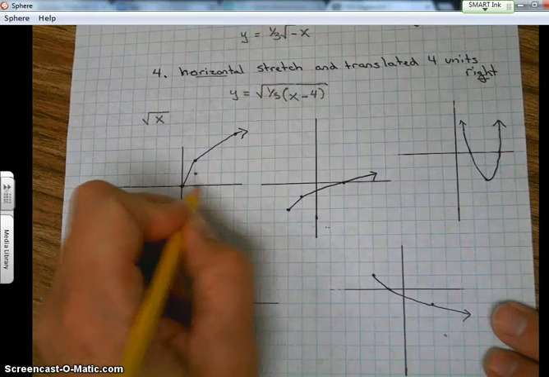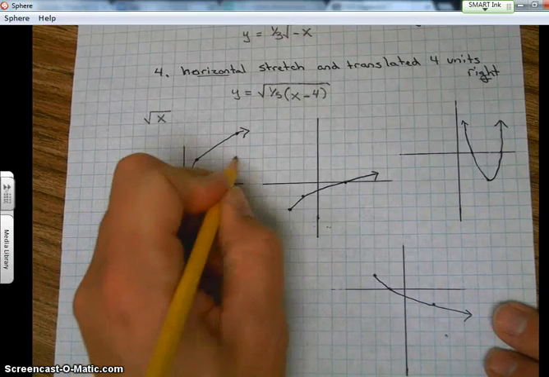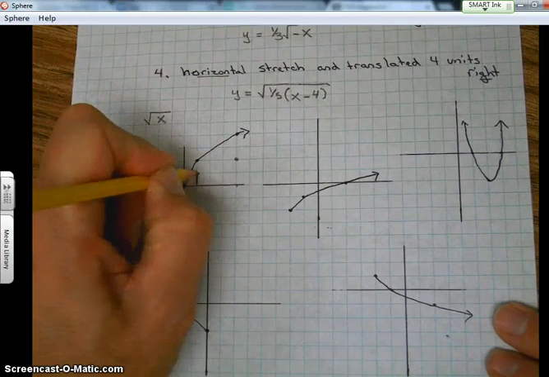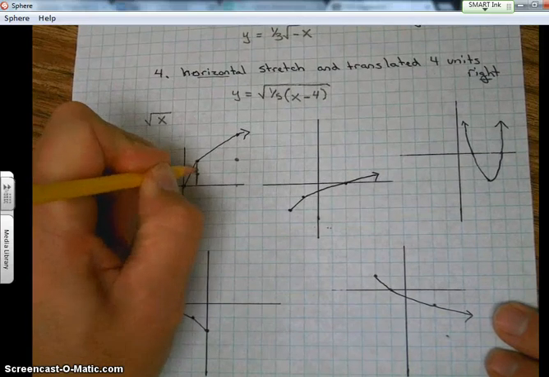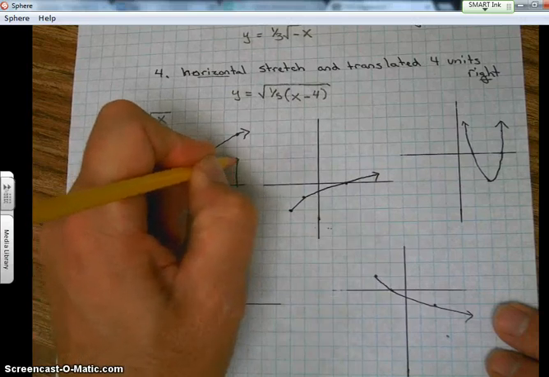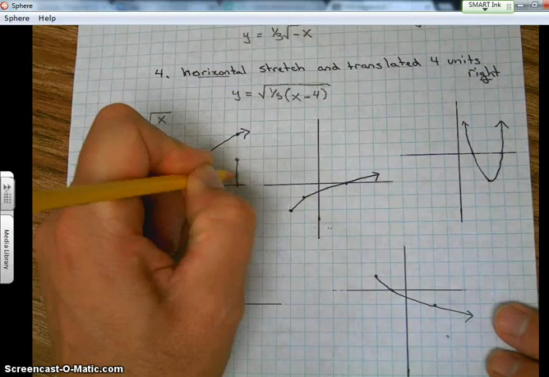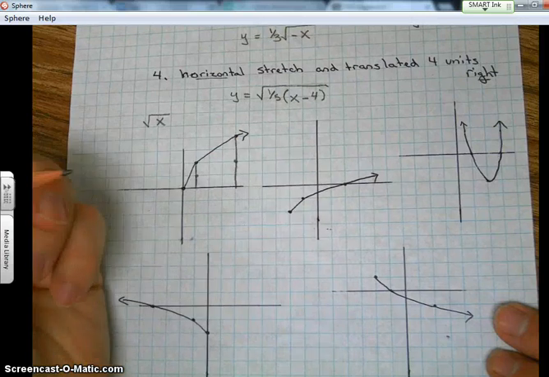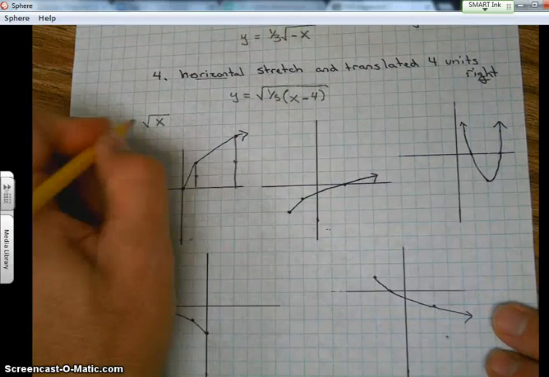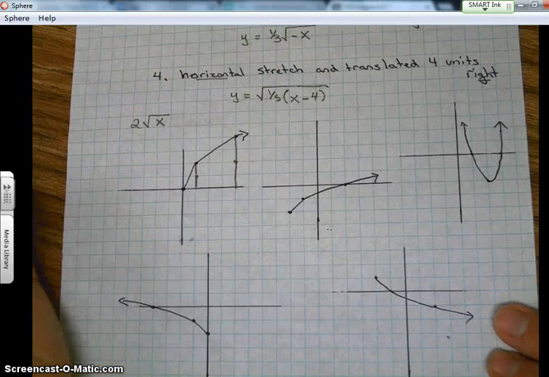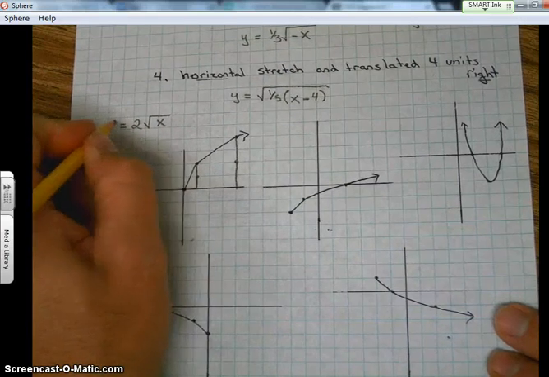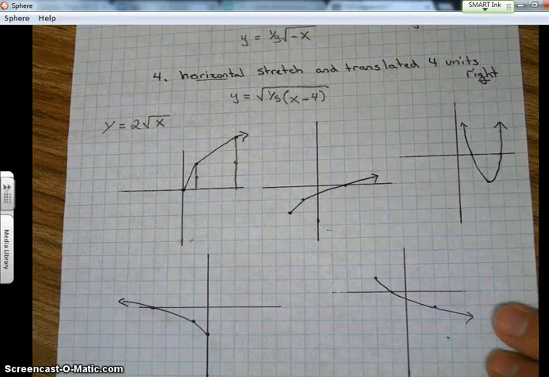It's over 4 up 2. So notice my y-coordinate was doubled. My y-coordinate went from 2 to 4. So that means that we have a vertical stretch of 2. And that's the only thing that's occurring. So that is our function. That's our equation.